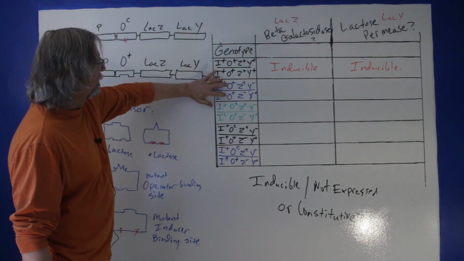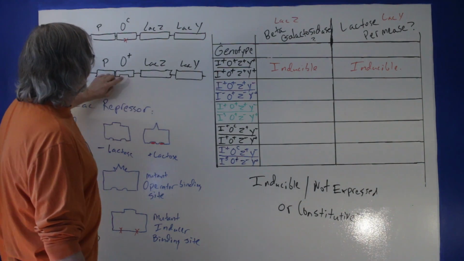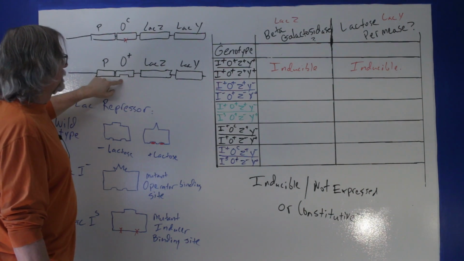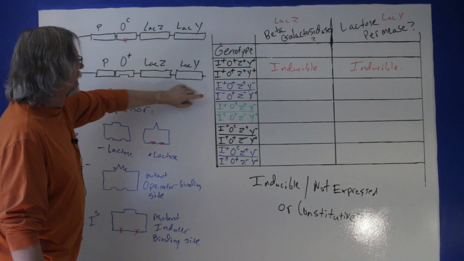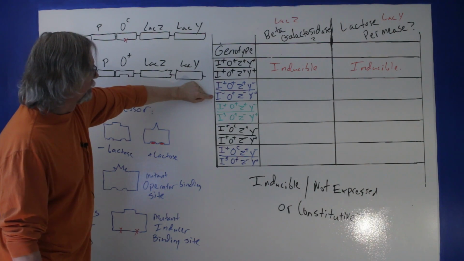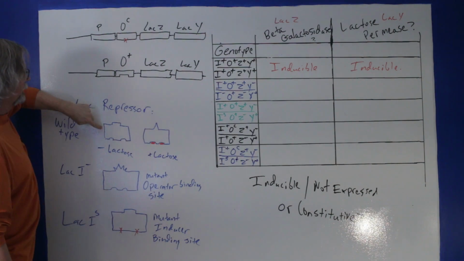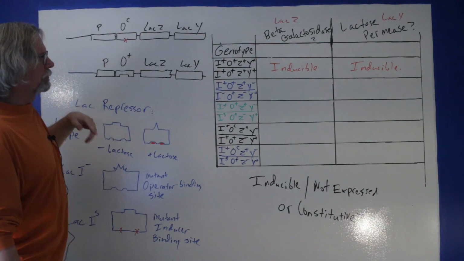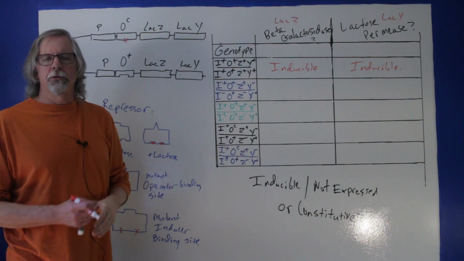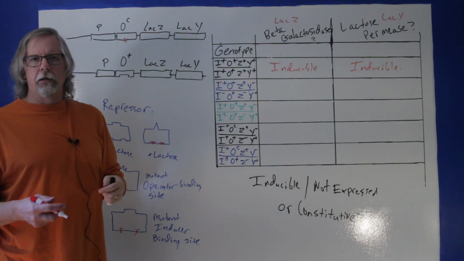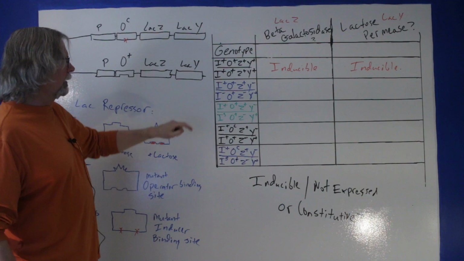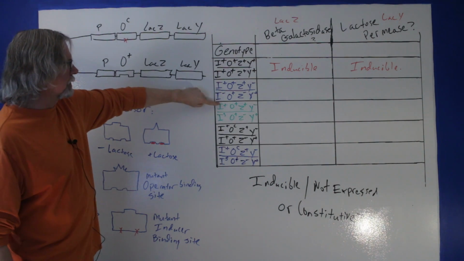All right, because both of them have wild type operators, these operators are able to bind to wild type repressors. So there is a copy of a null repressor, however, there is also a copy of a wild type repressor. Wild type repressor is diffusible, so this is going to be produced in the bacterial cell, and it's going to diffuse around, and it can bump into either of these copies.